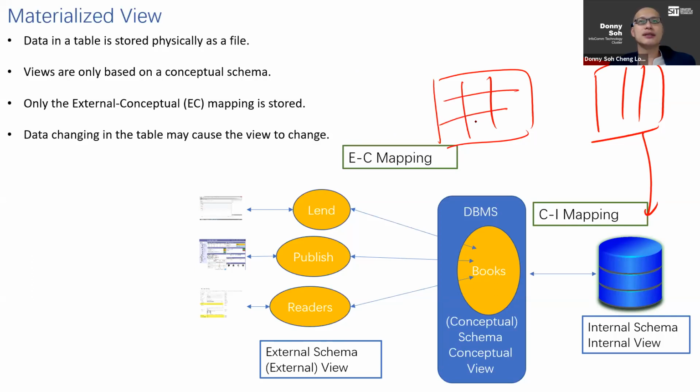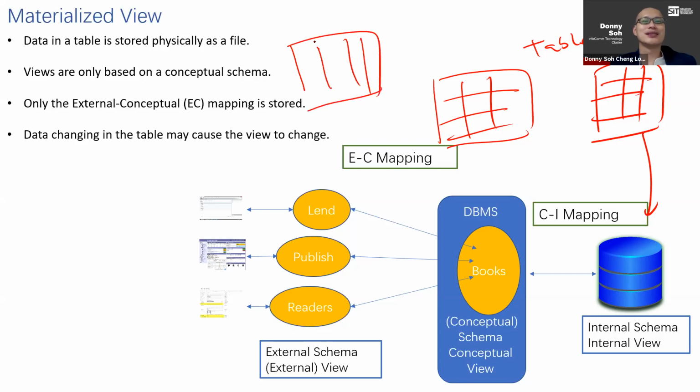The actual data resides in the tables, but we create something that also looks like a table, which we call a view. Why we do this is typically we want to hide my table implementation.